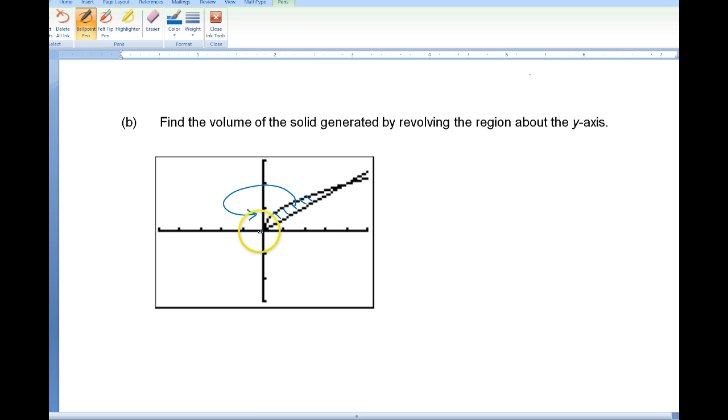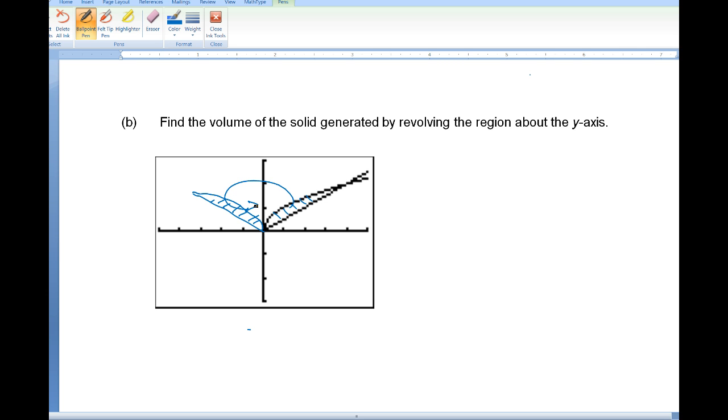So now it's going to look like a sink. Well, it's going to look like a cone, but curved inside. If you could kind of imagine.